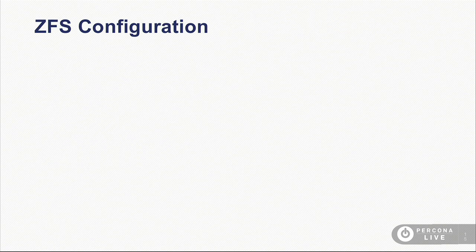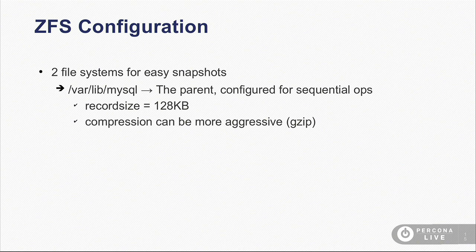So it's quite interesting. Now, the ZFS configuration for MySQL. What I use is 2 file systems, to ease the snapshots and to accommodate the different I/O characteristics. I changed my way of doing things; I was using 3 file systems, now just 2.